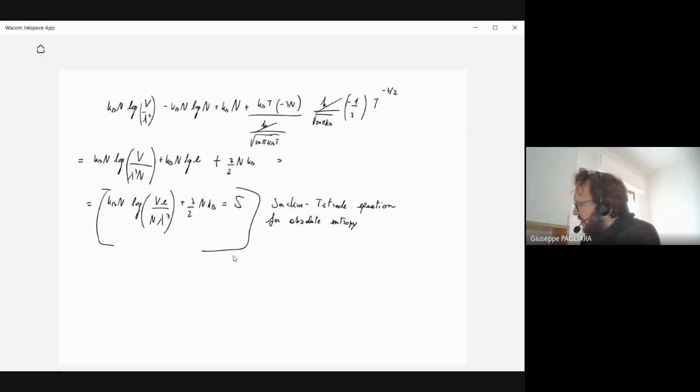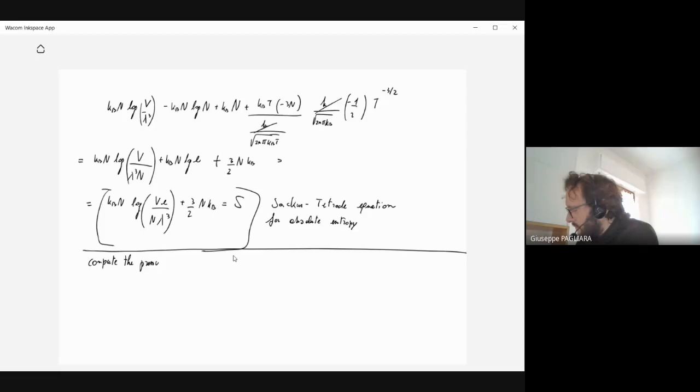Now, to conclude this part, and then we make a break, let's compute also the pressure. Now, the pressure is related to the Helmholtz free energy by this equation, is the derivative of A with respect to the volume at fixed temperature this time.